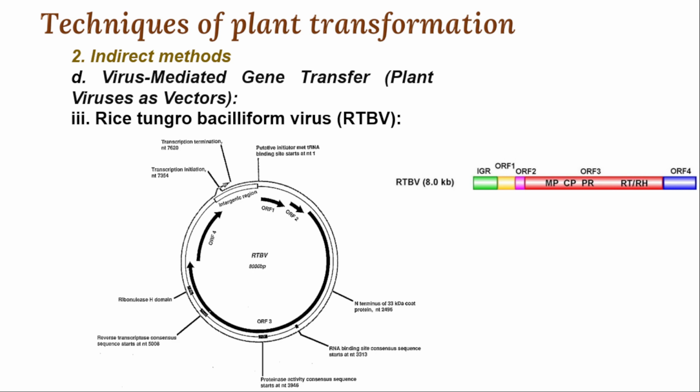It has nearly four open reading frames, containing different coding parts, origin of replication, and other parts. Some intergenic regions and open reading frame 4 are not at all necessary, so we can remove them and insert our gene of interest. Other than that, the other reading frames are essential for us.